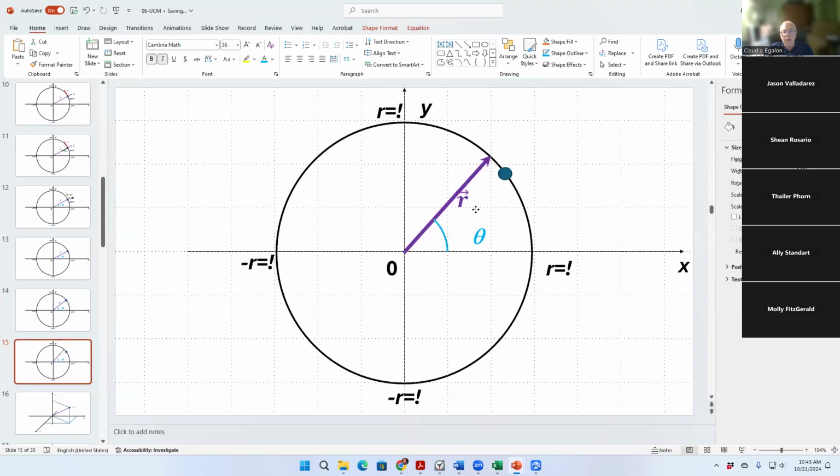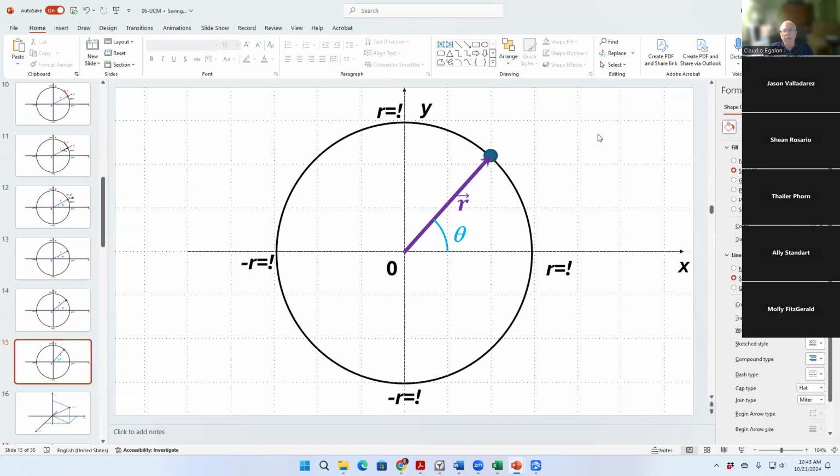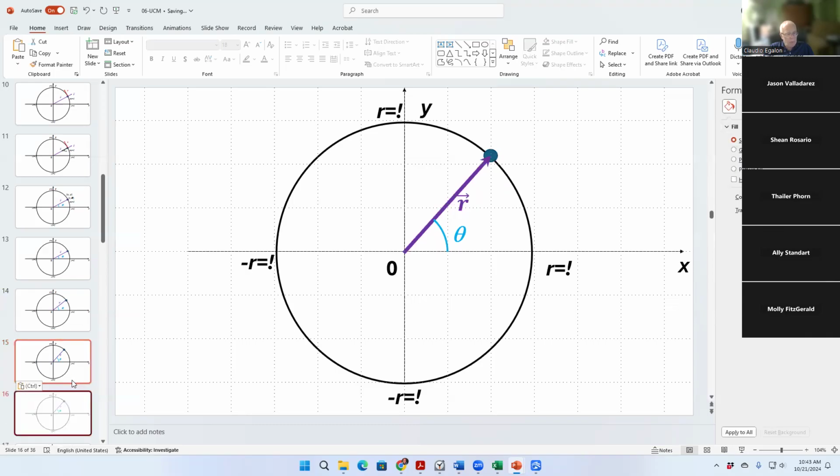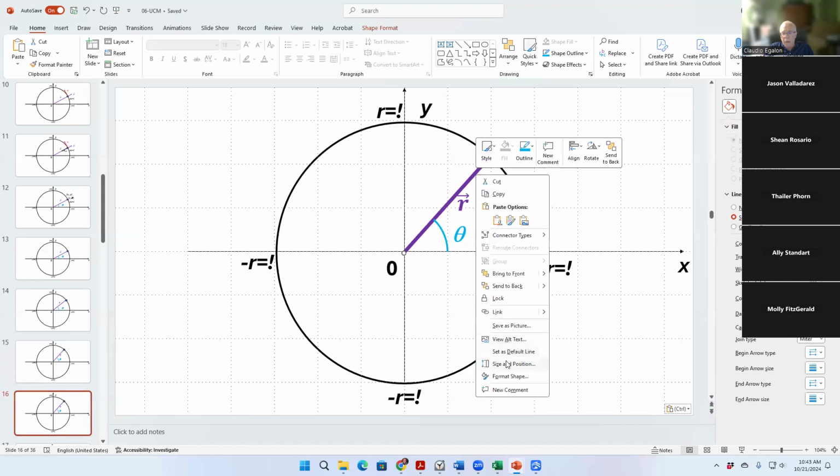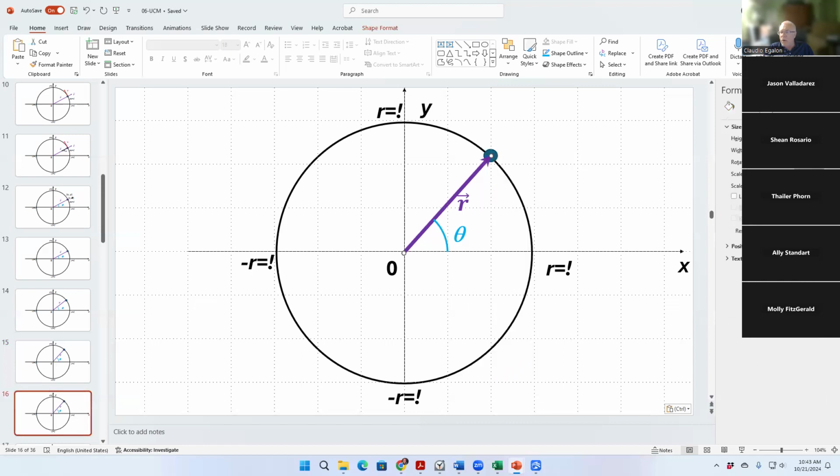I'm not changing the length of this vector, right? I'm only changing the angle that this vector makes with the horizontal axis. One more. Size and position, here we go.